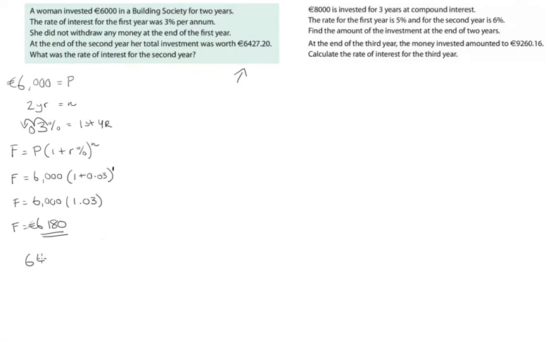So 6427.20 minus 6180. Let's see what that gets us.